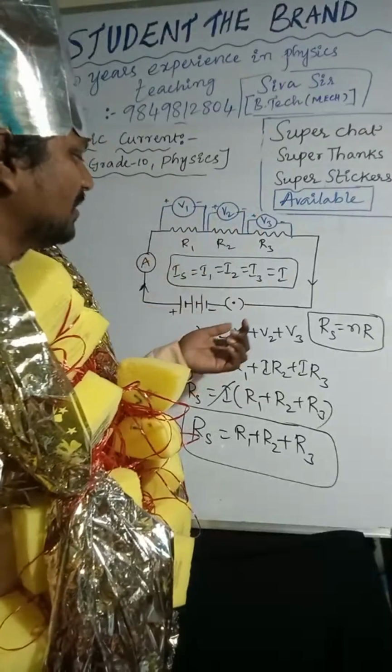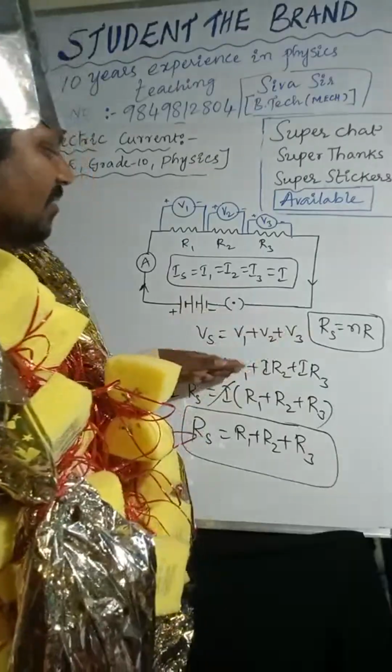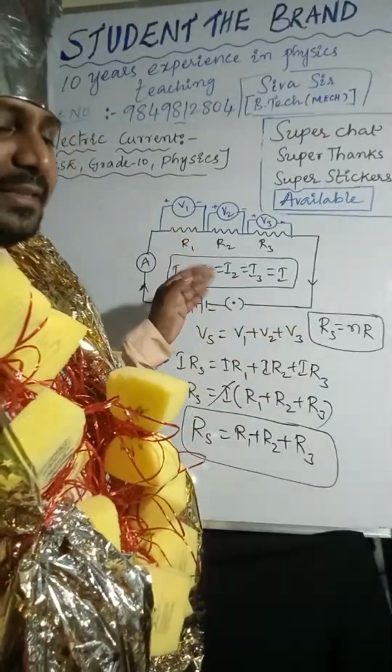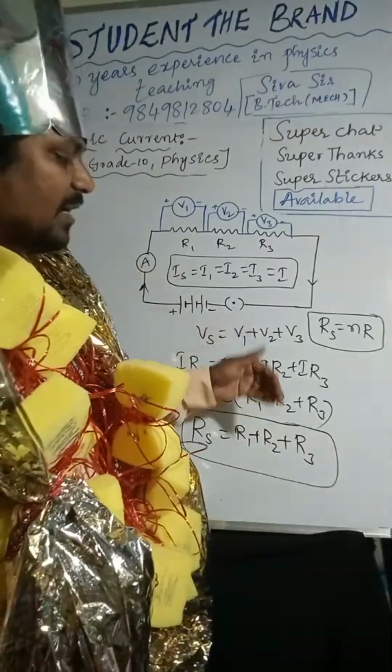That's why Vs equal to V1 plus V2 plus V3. So IRs equal to IR1 plus IR2 plus IR3. I am taking I common, I gets cancelled, and the remaining values are Rs equal to R1 plus R2 plus R3.